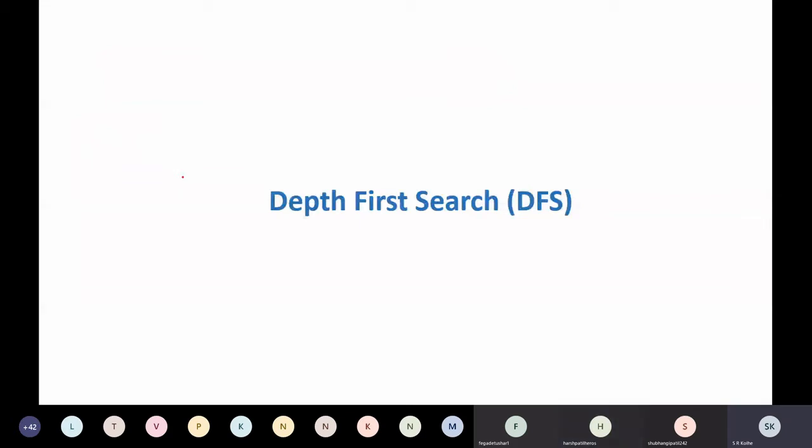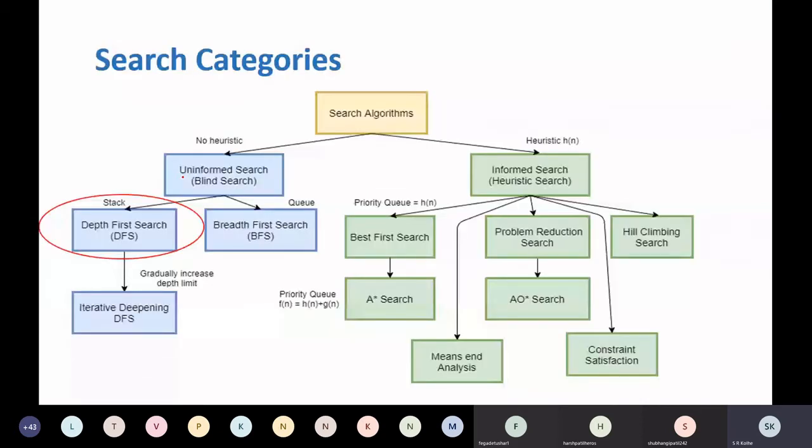So we will move further. We will start with one of the strategies called the depth first search strategy or DFS strategy, and how to use this strategy for solving AI problems. Now let us first study this particular diagram, which tells you the classification of the search techniques that we are going to discuss in artificial intelligence.